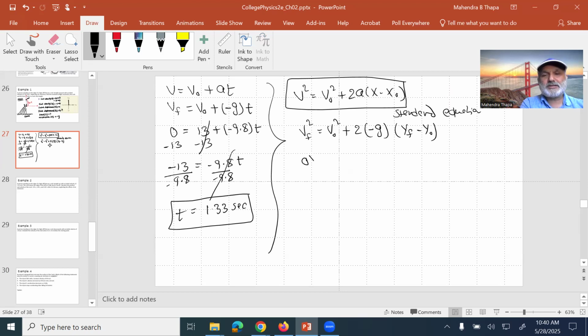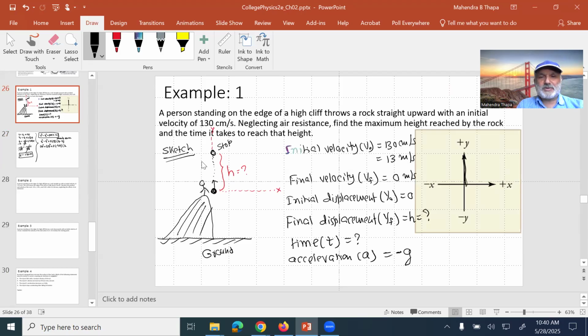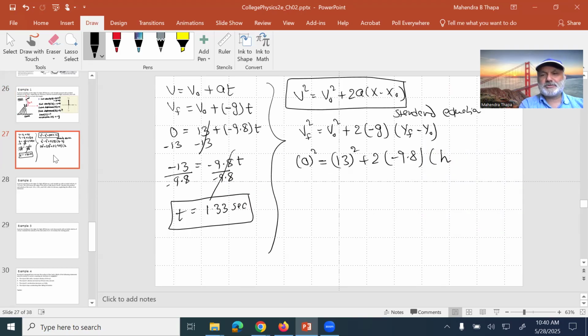So at the highest point, 0 squared equals 1.3 squared plus 2 times minus 9.8 times y final, which is the maximum height. We want to figure that out. This is the maximum height. If I choose the origin at this point, this is the initial displacement and this is the final displacement, so this minus 0. So 0 squared is 0, and we have 1.3 squared minus 2 times 9.8 times h, since h minus 0 is h.